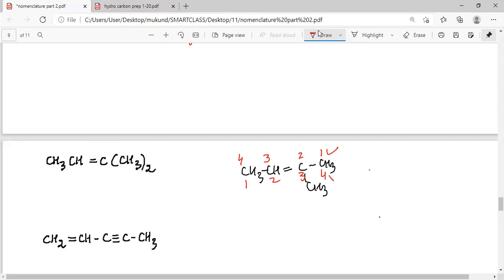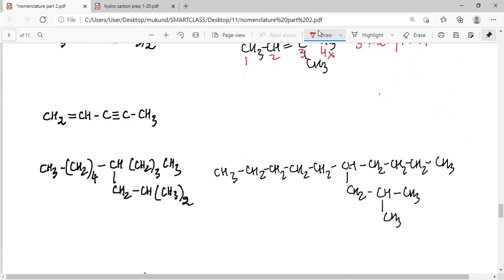So we will prefer this and we will not prefer this, as it is 3-methyl. It's a 3-methyl but 2-ene.